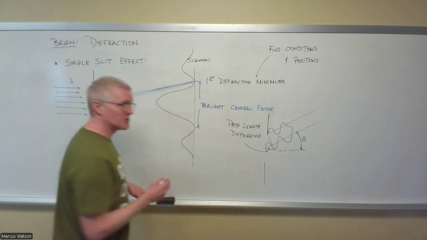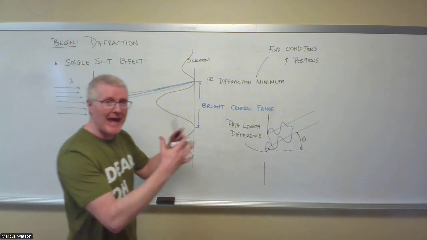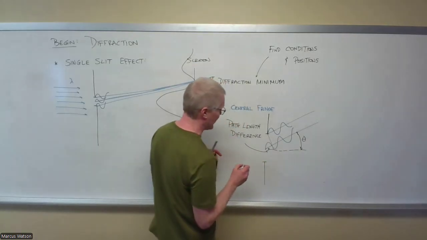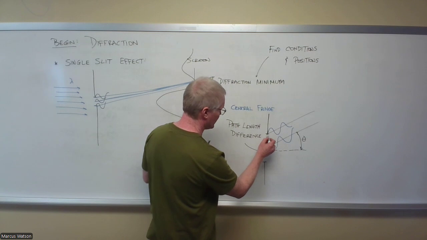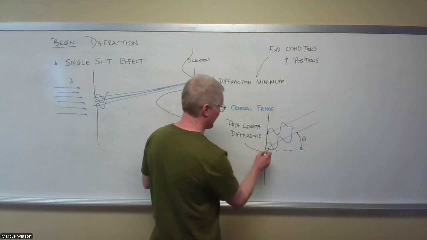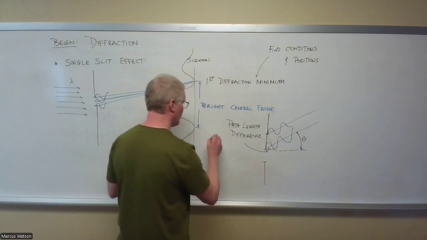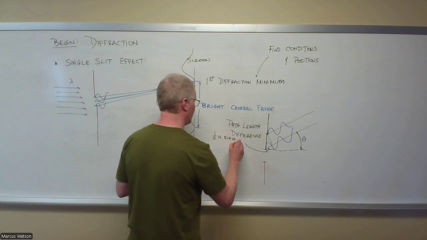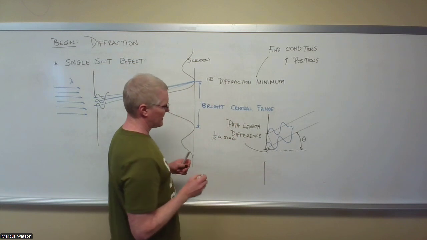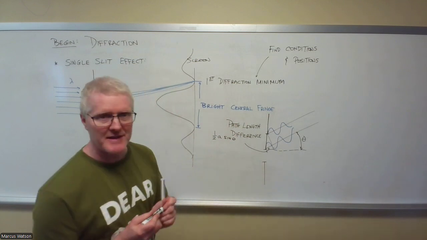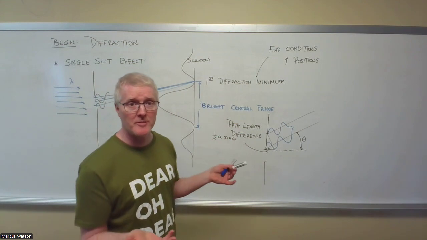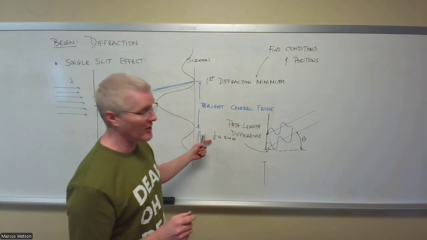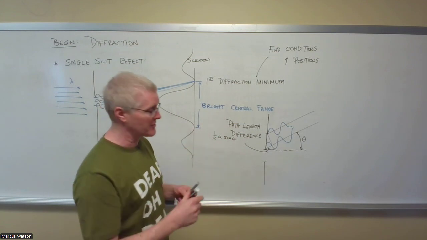So I'm going to call the slit width A. The total slit width from here to here is A, and therefore, this part here is half A. The path length difference then is 1/2 A sine theta. Same exact argument as before with the double slit where I had d sine theta. It's just that instead of d, I've got 1/2 of A, and A is the entire slit width.